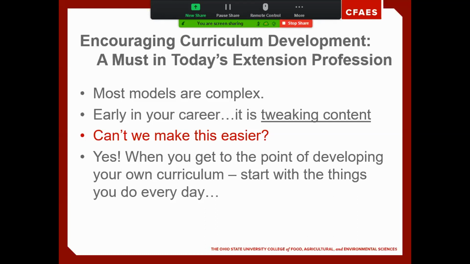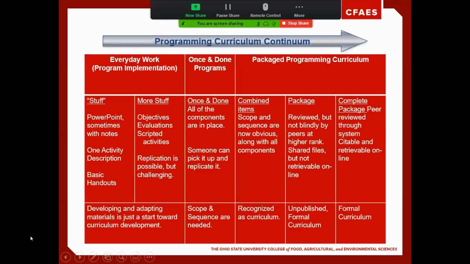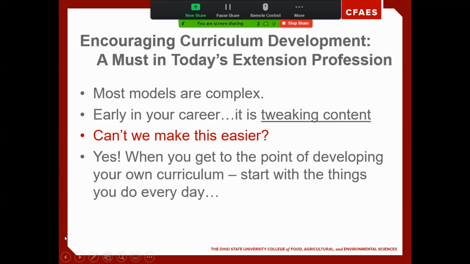Because if we do a little forethought and some planning, I think we can identify that I may be able to take bits and pieces, because they don't fit exactly what I need in my county, but there's this piece, and then I can add from my own experience or my own professional development, essentially tweaking it to adapt it to fit the needs in my community.